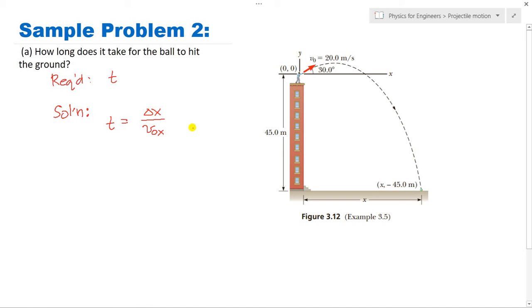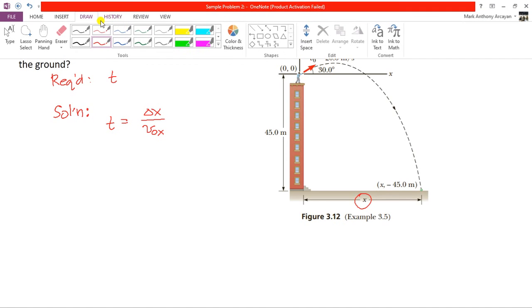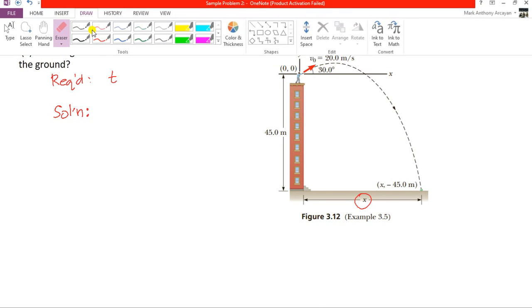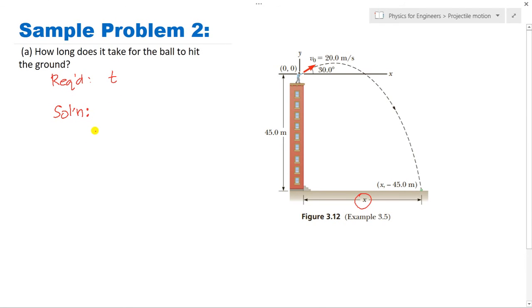Delta x is not given here, so we cannot use t on the horizontal component. So let's just use the formula on the free fall. We all know that the second kinematic equation is delta y is equal to v naught along y, the initial velocity along y, times the time minus 1/2 g t squared.